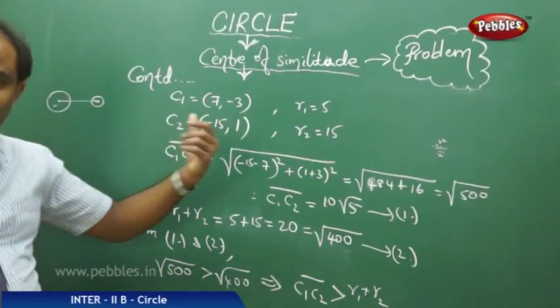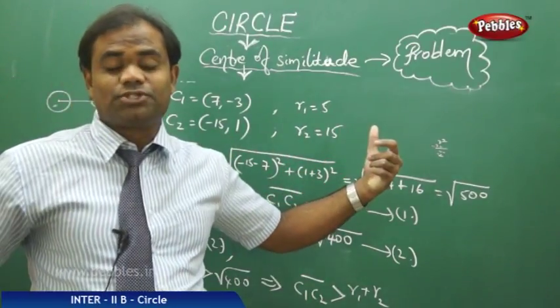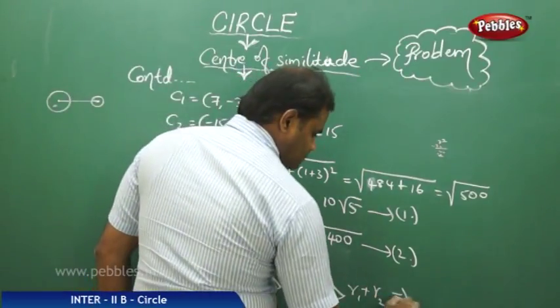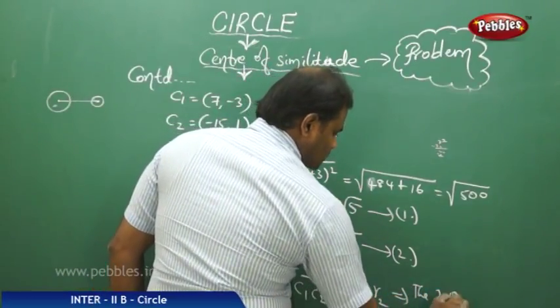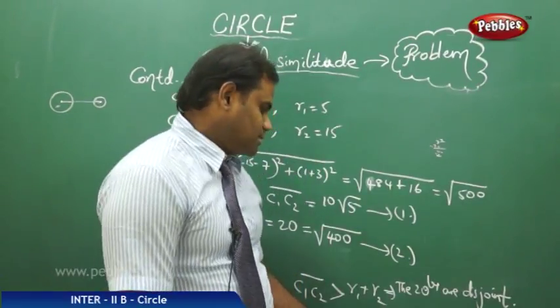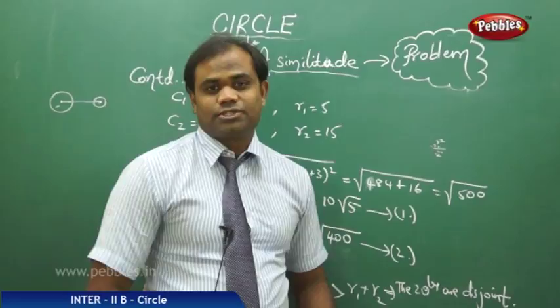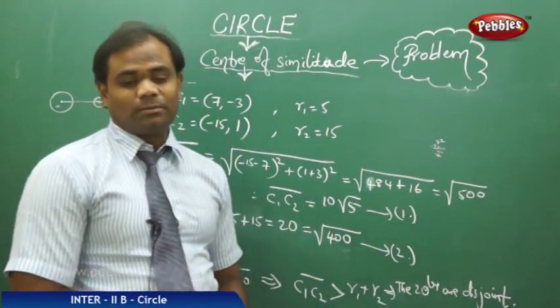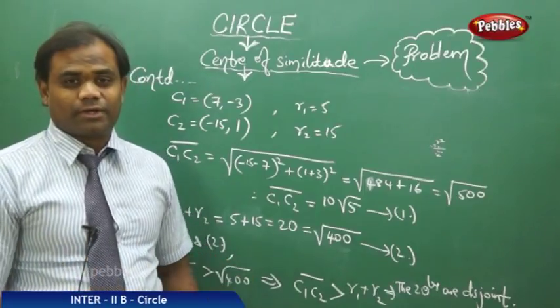The two circles must be far apart, disjoint circles. Now when the circles are disjoint, let's see how many common tangents we can draw.